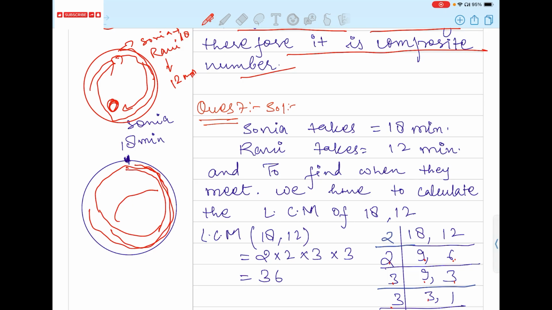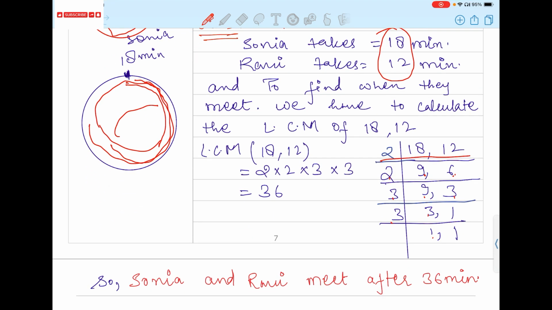तो हमसे पूछा है कि किस समय पे दोनों एक साथ मिलेंगे, तो to find that time we have to calculate the LCM of that 18 and 12. जहाँ पे मिलेंगे उसको निकालने के लिए हमको 18 और 12 का LCM निकालना है.